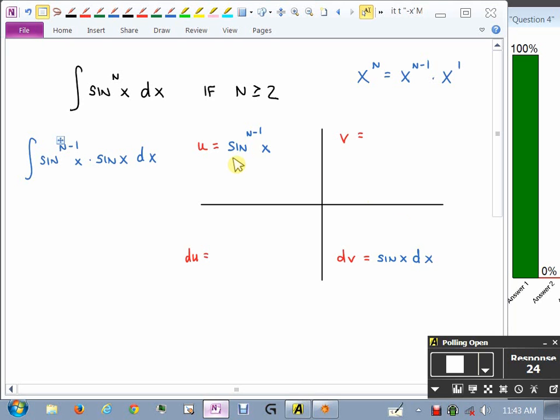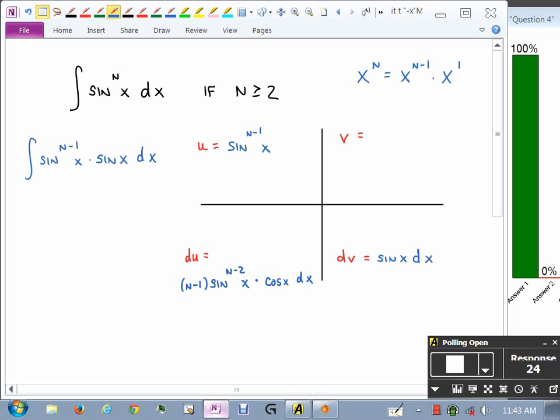What is the derivative of sine to the n minus 1 of x? I'm going to need a little more room here, so I'm going to write it below. n minus 1 comes out. Sine to the what? n minus 2, because you're taking 1 more away from that power. Then times chain rule, cosine x dx.